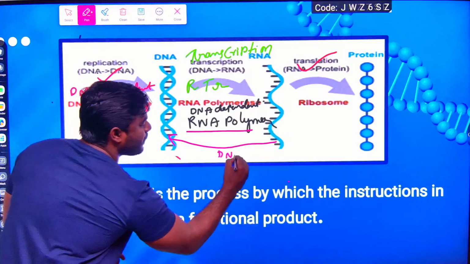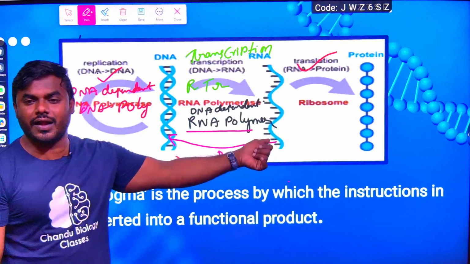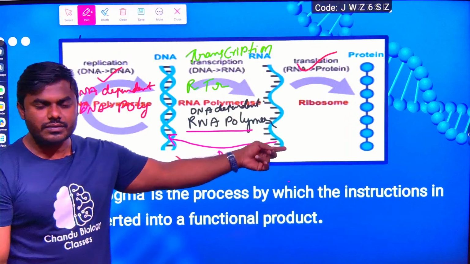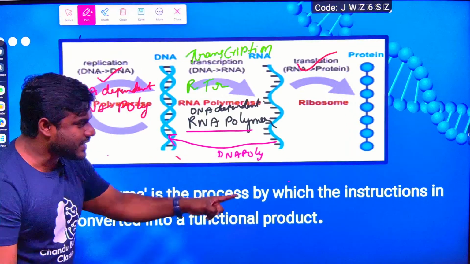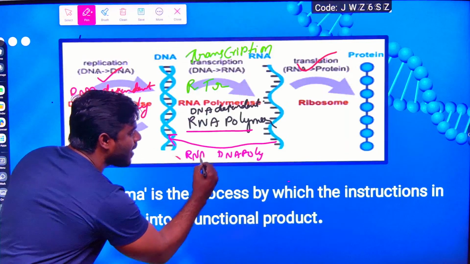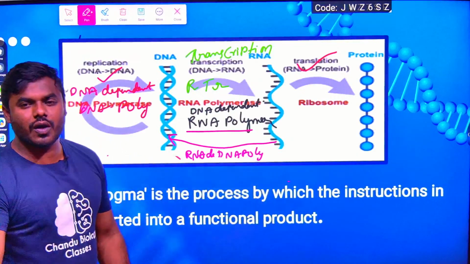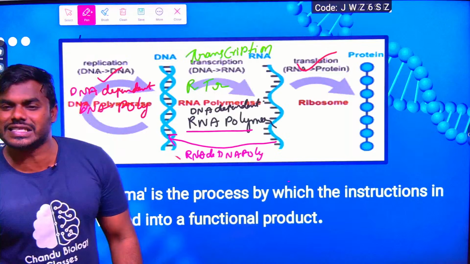DNA polymerase. Correct na? But that DNA polymerase is getting the information from the DNA or RNA? RNA. Correct na? So we call it RNA dependent DNA polymerase, also called reverse transcriptase enzyme.